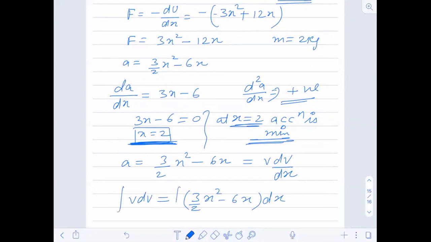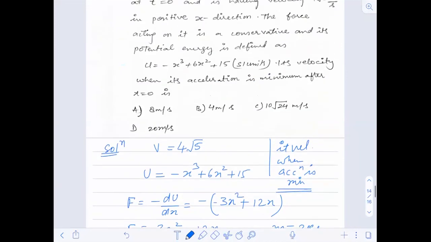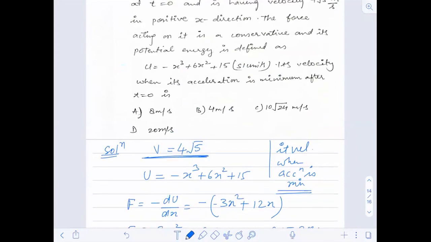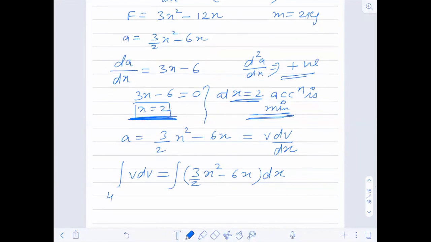Now integrate this. For the limits, the initial velocity given is 4 root 5 and the velocity we are going to find is v. The displacement is from 0 to 2.